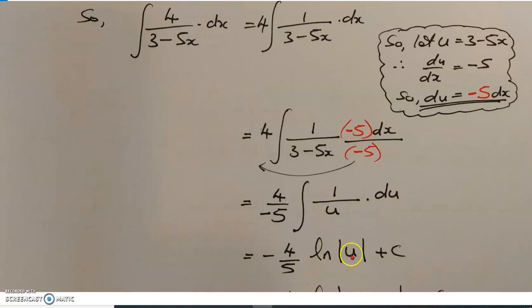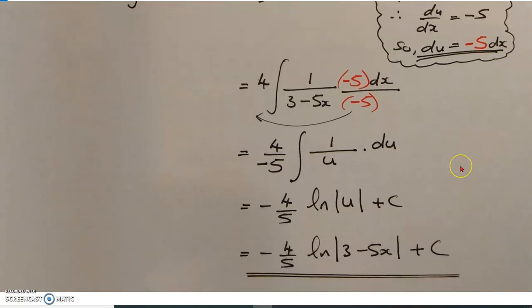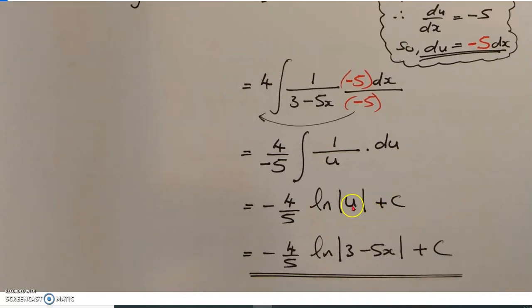It's just the natural log of u. Then you can replace the u with the original function of 3 minus 5x, but it's now minus 4/5 the natural log of the absolute value of 3 minus 5x, plus c.